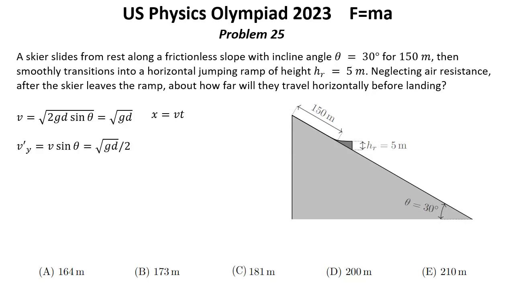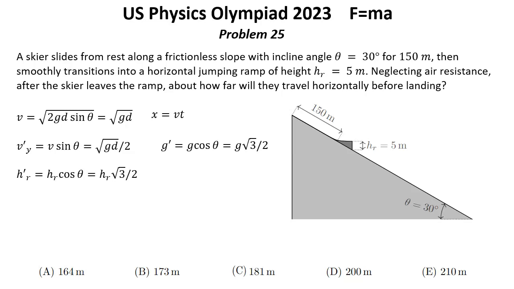So now in this coordinate system, the initial vertical speed is v multiplied by sine theta, or square root of gd over 2. Also we have downward acceleration equal to g cosine theta, which is g times square root of 3 over 2. And the initial height is hr cosine theta, which is hr multiplied by square root of 3 over 2.